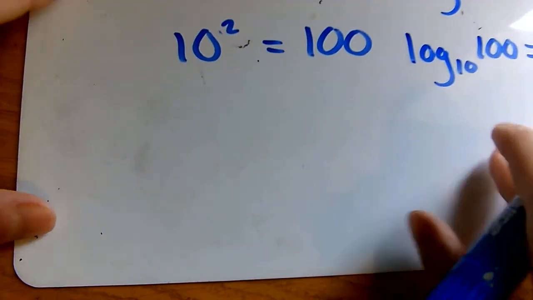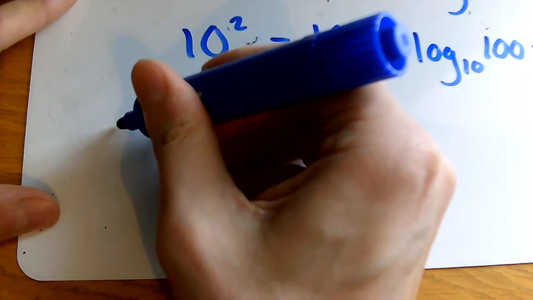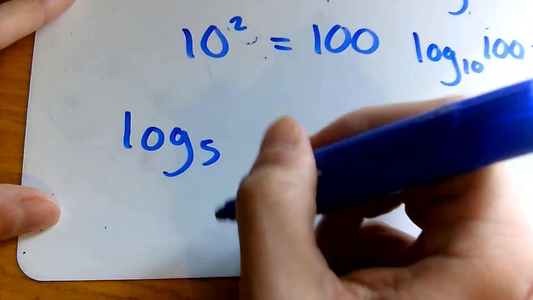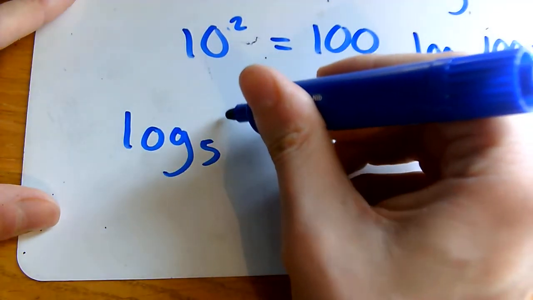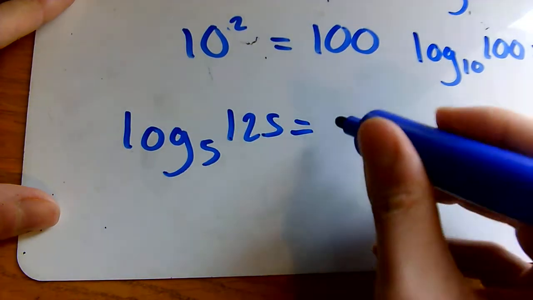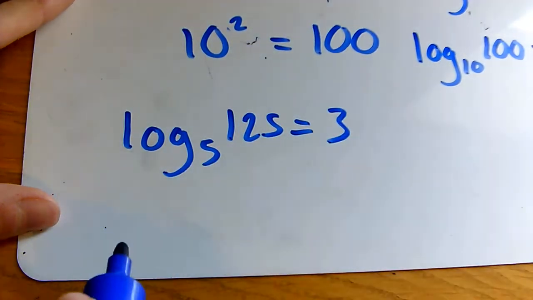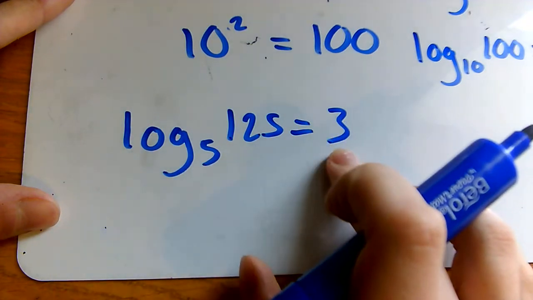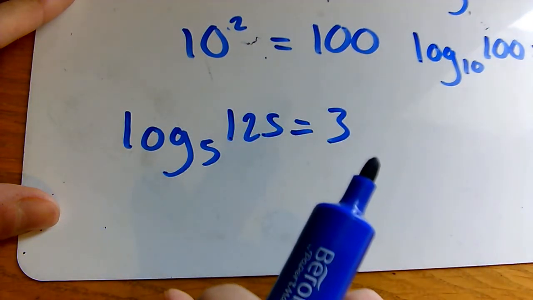So just test yourself quickly. If I write down, let's say, log base 5 of 125, I hope you're thinking that 3 is going to be the answer, because 5 to the power of 3 gives you the answer of 125.